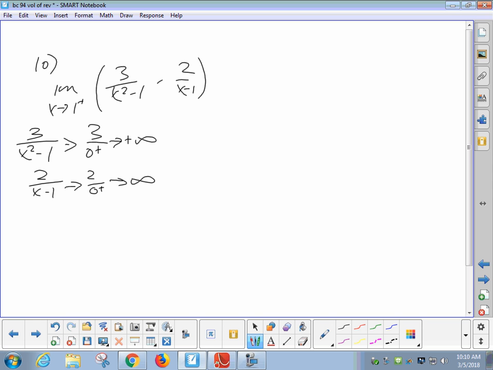The question is, all right, so huge positives minus huge positives, what does that equal? Well, that's indeterminate. So when it's this case, you get a common denominator first. You do not take derivatives yet.